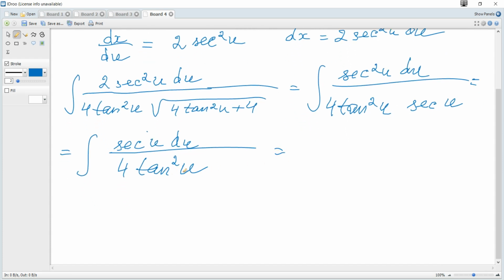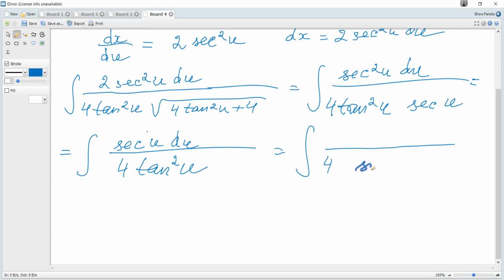And you remember that 1 plus tangent squared is secant squared, and tangent squared is secant squared minus 1, but this difference in the denominator is difficult. Another way is to remember that tangent is sine over cosine, so let's represent everything in terms of sine and cosine.